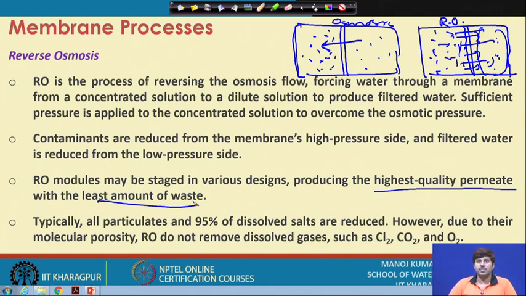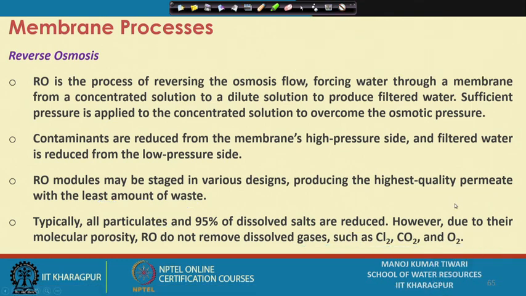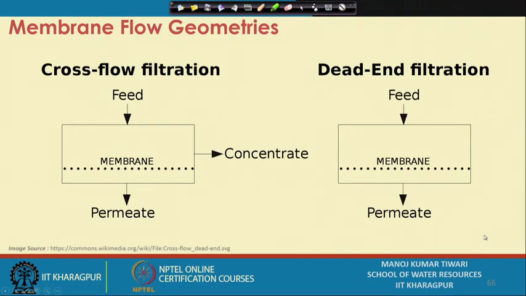Now research is on to reduce the reject portion, and we have membranes which reject as low as 10% or 20% of the water and treat almost 80% of the water. Typically through these membrane systems all particulates and 95% of the dissolved salts will be removed. RO does not remove the dissolved gases, that is the only thing, but otherwise it can remove all such things.